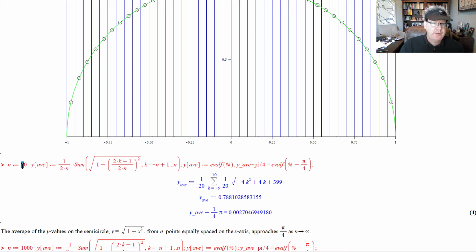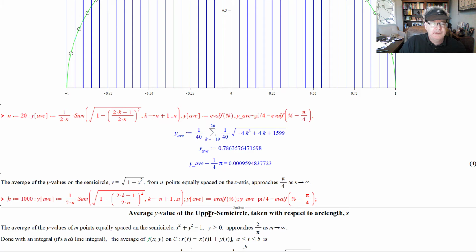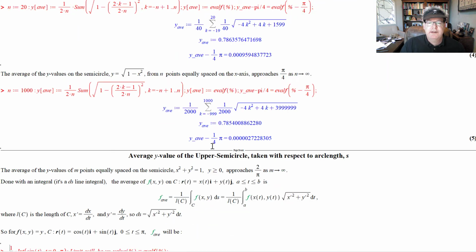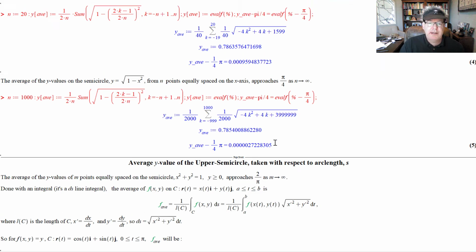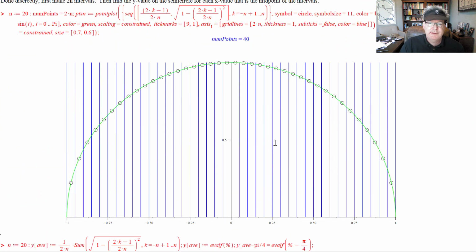Or if I do 40 points, which is n equals 20, but this is in each quadrant, so there's actually 40 points. Then I'm getting closer. Here it is at 1,000. All right, so it's getting closer. The more points you have, the closer you're going to get to pi over 4. The graph's not very good if you do 1,000 points equally spaced.